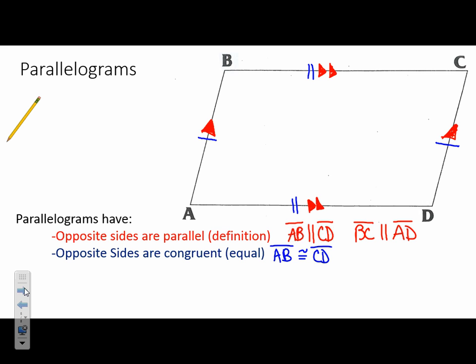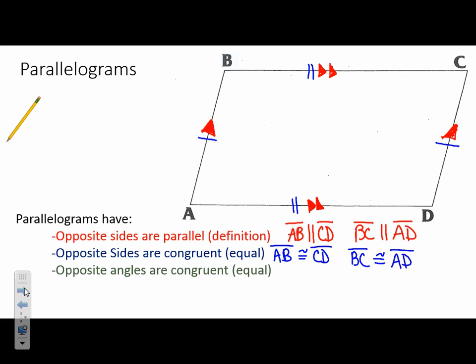Notice the two little slashes there? We can't use one slash because that would mean it's the same as the other two sides, and that's not the case. So BC is congruent to AD as well. So we have opposite sides that are parallel, and we have opposite sides that are congruent. The third property involves angles. So this time it says that opposite angles are congruent.